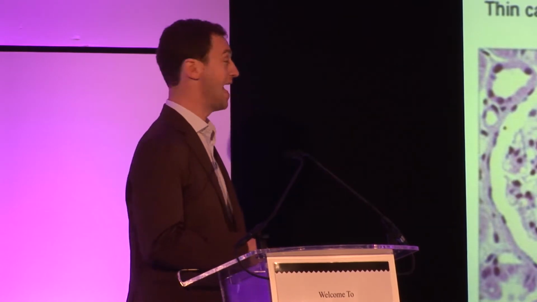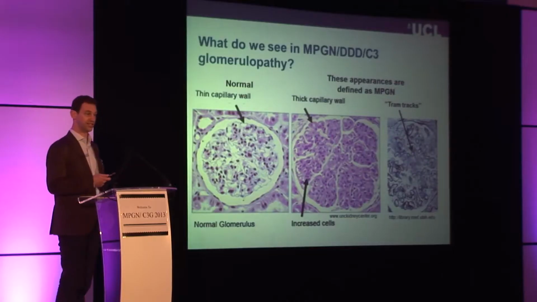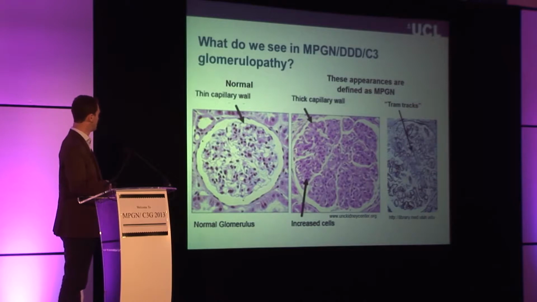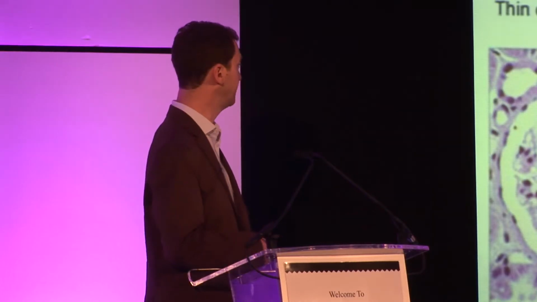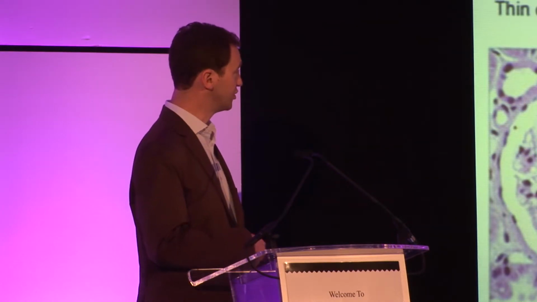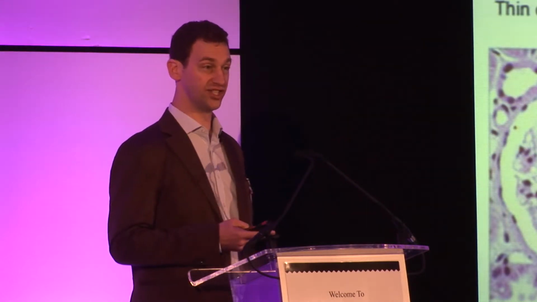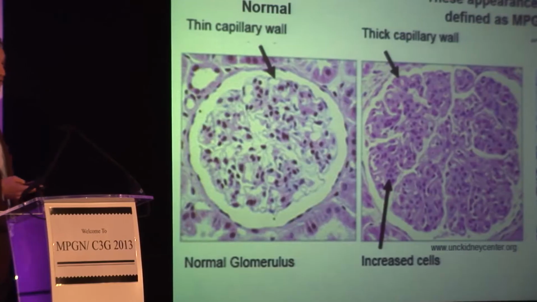It's not a feature that allows us to tell exactly what the mechanism is, and for that we concentrate on the glomeruli. So what are the changes that define MPGN and dense deposit disease and C3 glomerulopathies? Well, what I've shown you previously are the normal glomeruli, where you have these open capillary loops. You have a few cells that are supporting the kidney. But in MPGN and related conditions, there are really two main features that tell the doctors that this is the diagnosis.